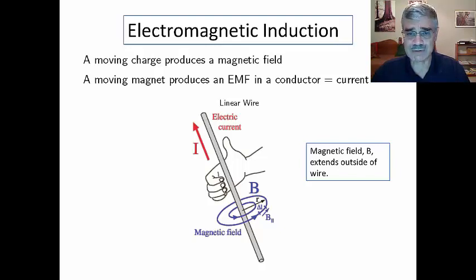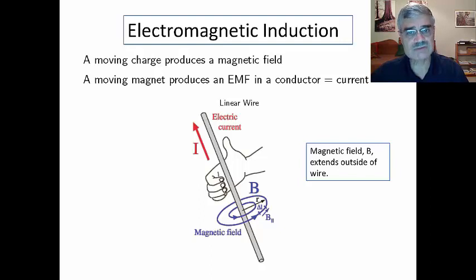One way to illustrate that relationship is shown in the bottom drawing, which shows an electrical wire and someone grabbing the wire to illustrate what is called the right-hand rule. If the electricity flows in the direction shown through this wire, a magnetic field is produced perpendicular to the wire, in the direction your right hand curves. The magnetic field extends outside of the wire, perpendicular to the direction of flow of electric current.